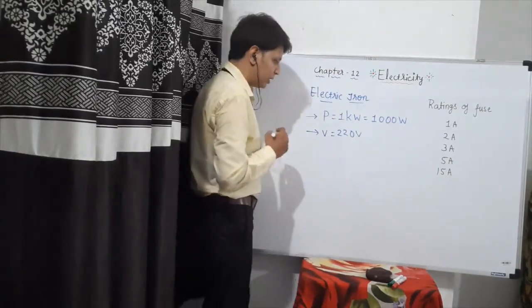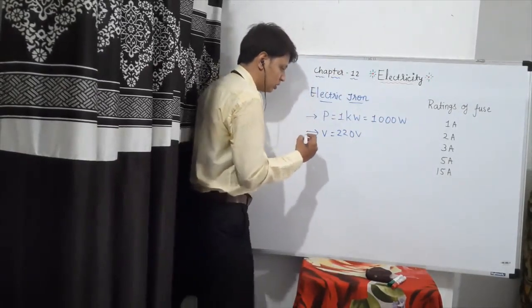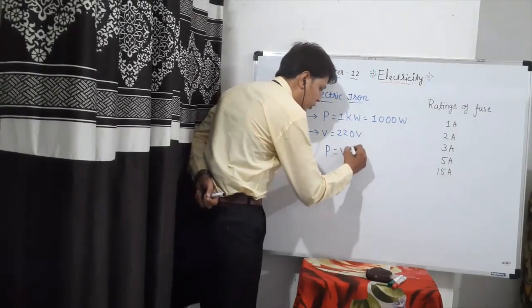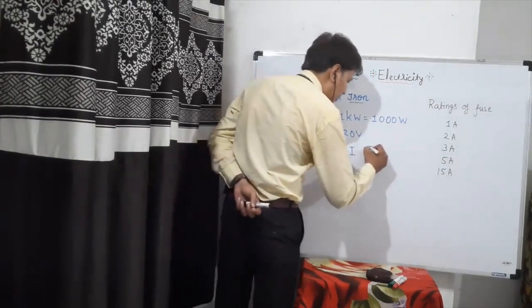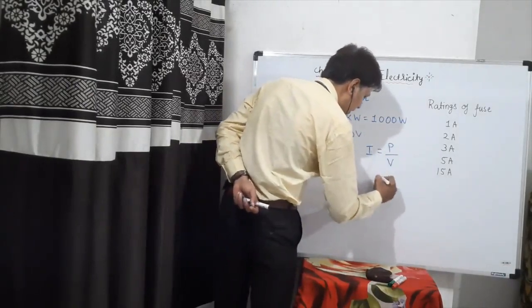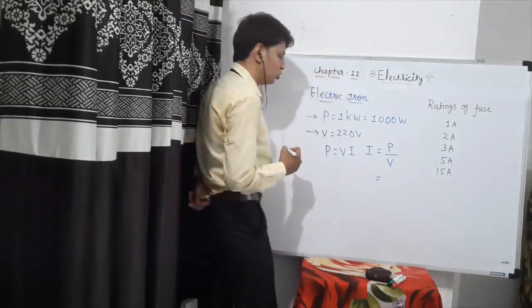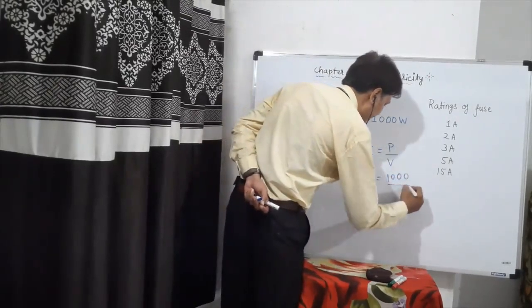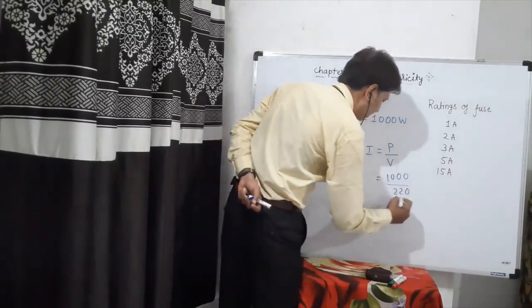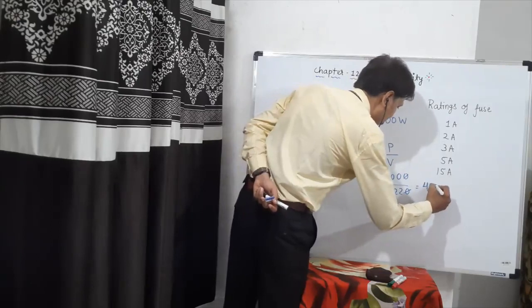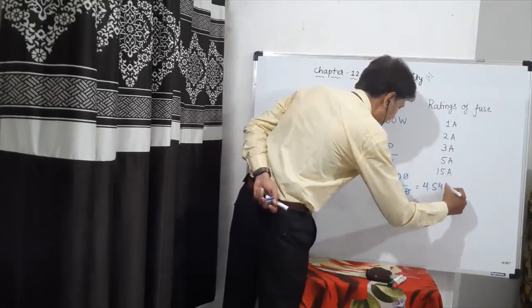So if I want to measure the current passing through, then the equation will be P equal to V into I. So I will be equal to P by V, that is 1000 divided by 220. When you cancel out, you get approximately 4.54 ampere current.